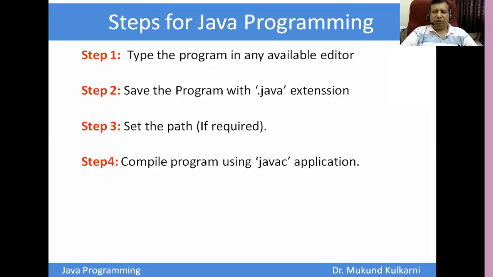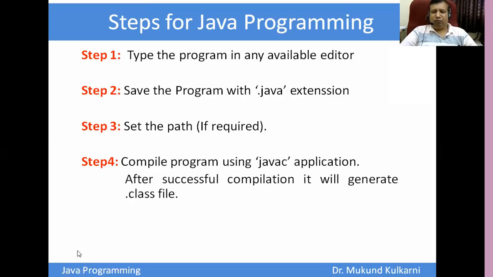Now this is very important. After successful compilation, it will generate a .class file. Now what is the .class file? It is intermediate code. It is understood only by JVM. Already we have discussed, we cannot run a Java program directly on the operating system. We need something like JVM, which stands for Java Virtual Machine.